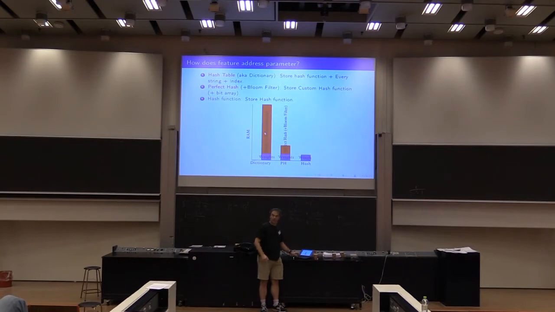And the RAM is much larger than the parameters themselves. If you're using a perfect hash, you can use a Bloom filter to at least detect whether or not the thing that you're perfect hashing is actually in the set that you saw in advance. And then you require much less RAM, and things tend to be a bit faster. But still, you require a significant amount of RAM.